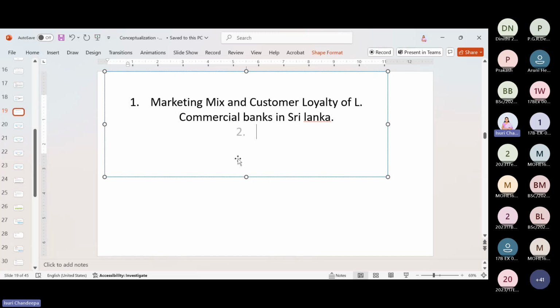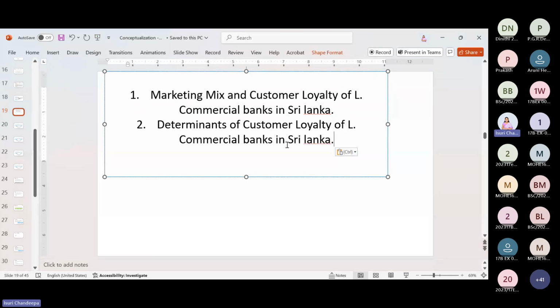You can include determinants of customer loyalty of licensed commercial banks in Sri Lanka. This is the second way.